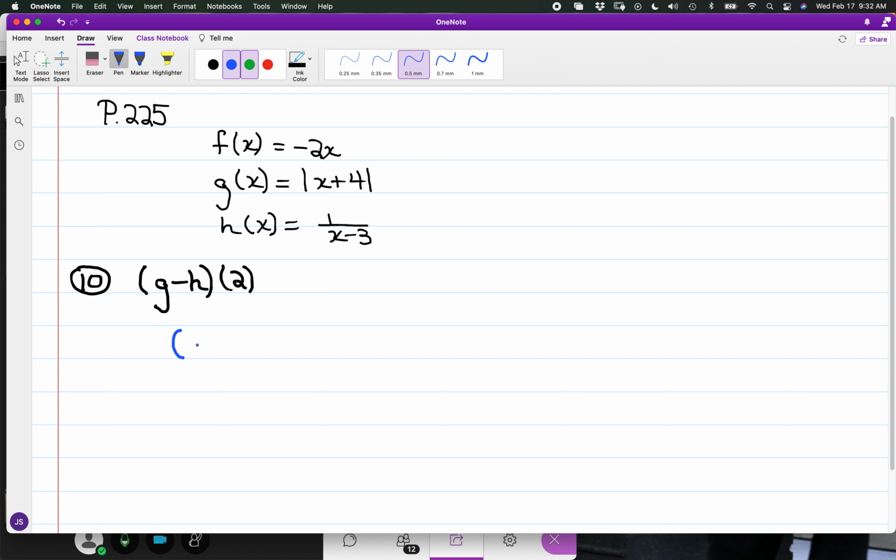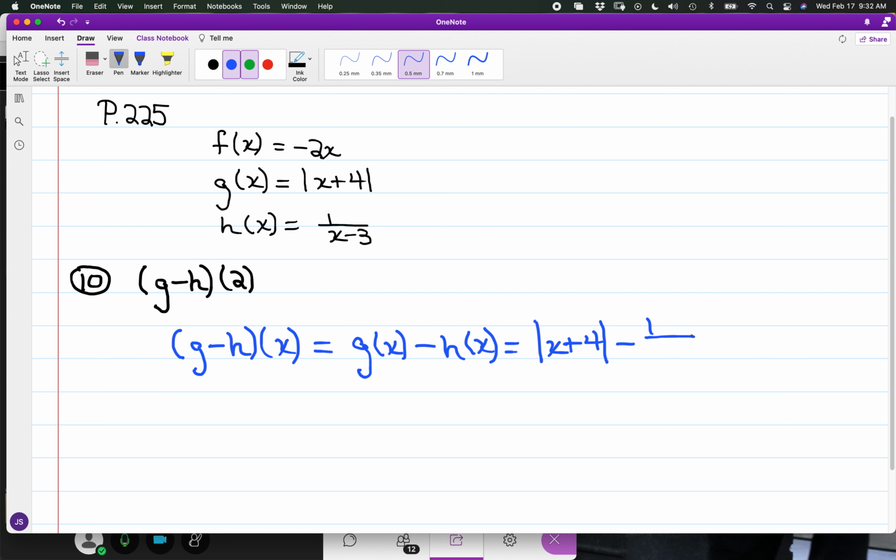Now if I were to take, let's say, just going back to g minus h of x, and if I put this in expanded form, so this would be g of x minus h of x, and then filling in, for g of x we're going to have the absolute value of x plus 4 and we have minus h of x, so we have 1 over x minus 3.